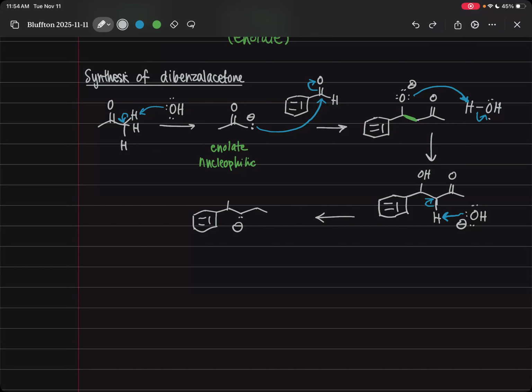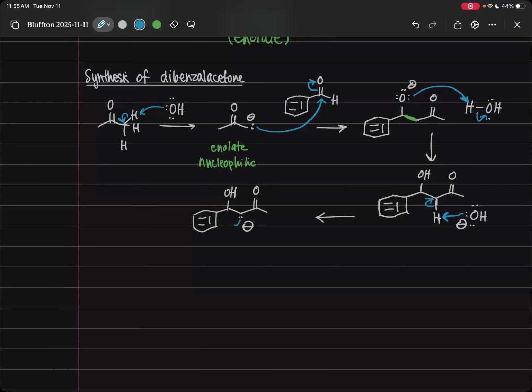Okay, so we deprotonate there, and then we eliminate the OH group to form our double bond.